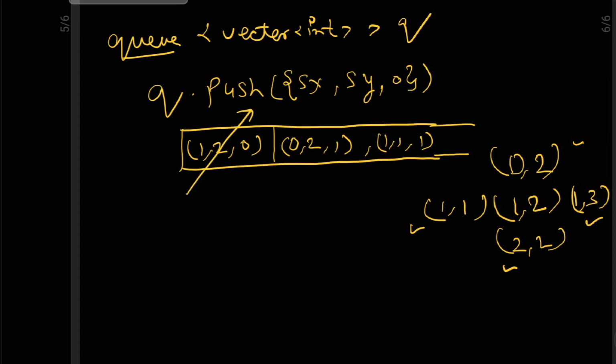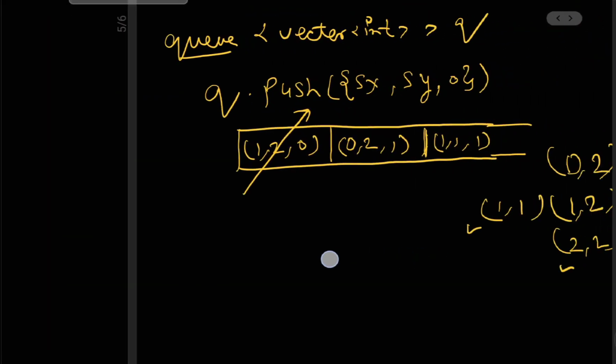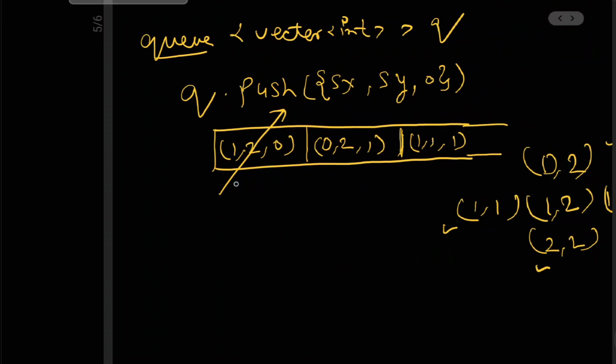These two are my current ones. Now I will check 0, 2, 1 and explore it. One more thing, we will make a visited matrix, and I will mark this 1, 2 position in the visited array.